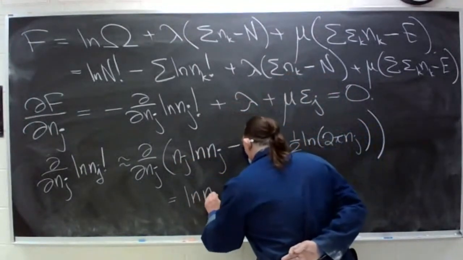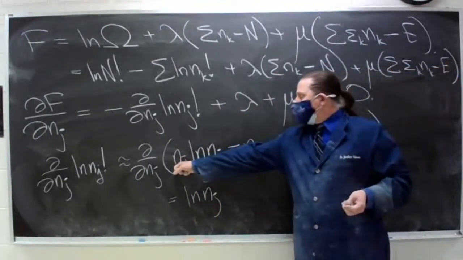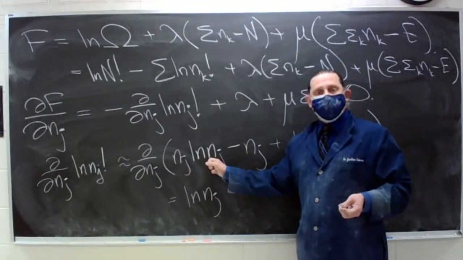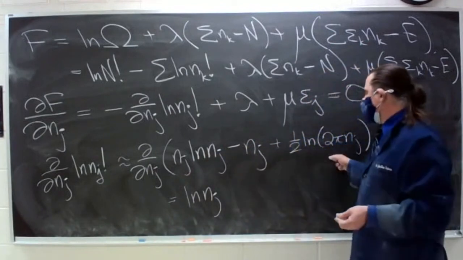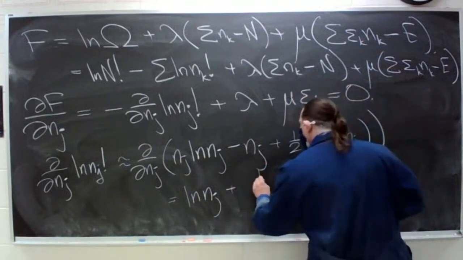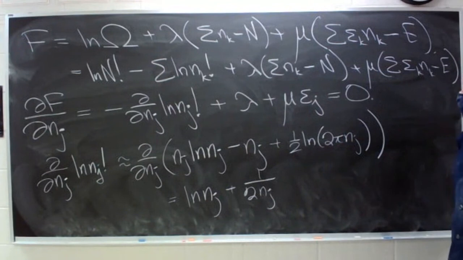That's log of nj plus nj times 1 over nj, that's 1, minus 1, that cancels, plus 1 over 2 nj.